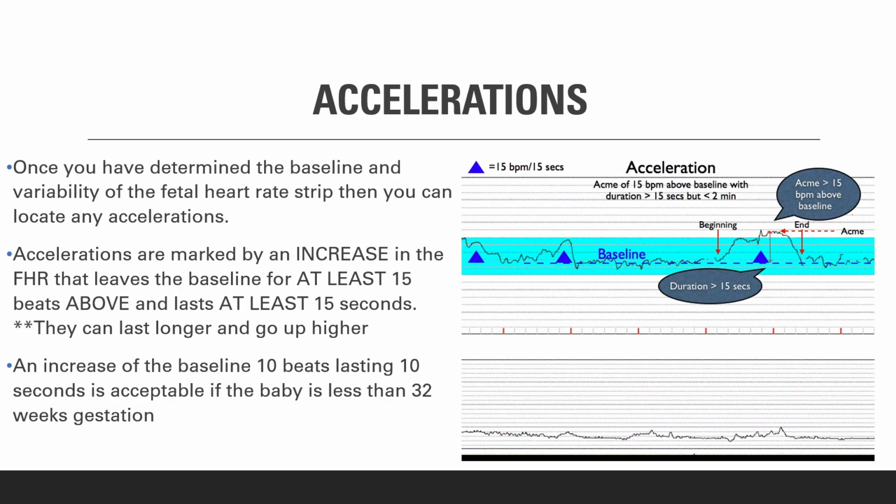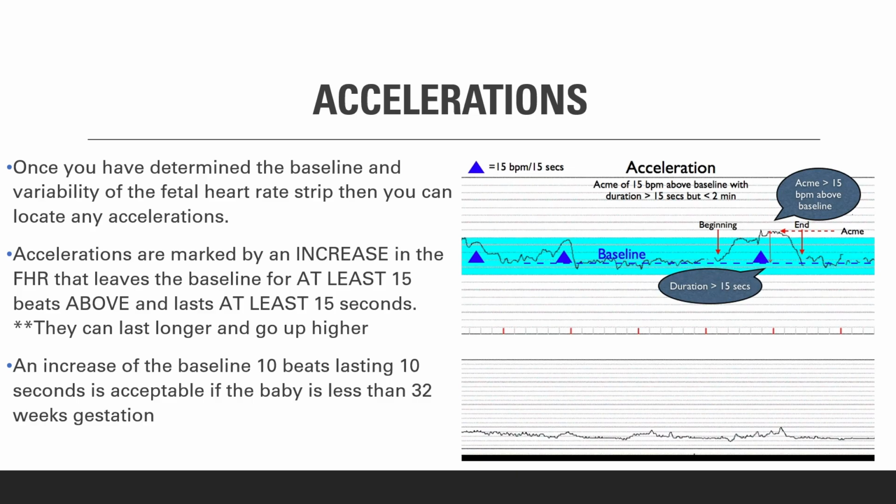All right, so once we've determined the baseline and the variability, the next step is to determine the acceleration. We talked about, for example, the baseline being 150. An acceleration is marked by an increase in the fetal heart rate above the baseline for at least 15 beats and lasting at least 15 seconds.